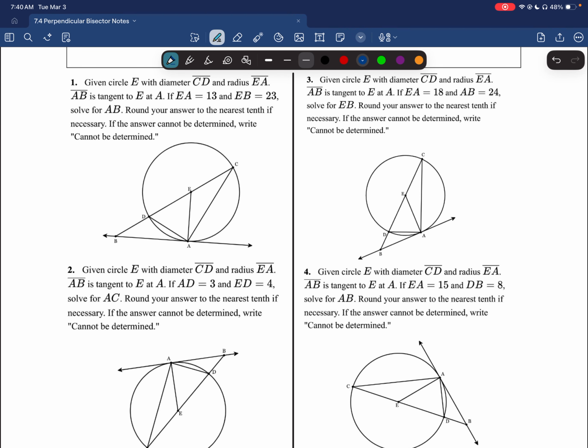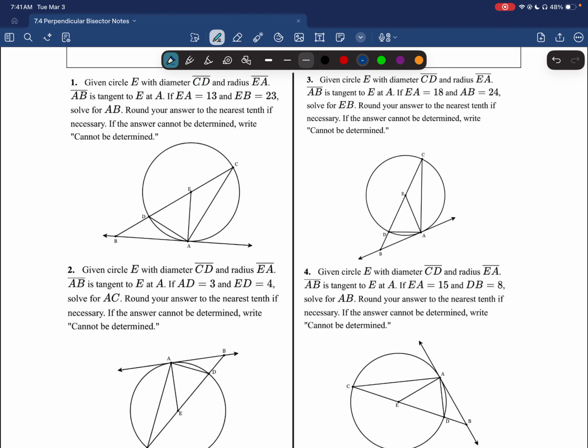Might use what we learned today, that if we have a radius or diameter that meets a chord at 90 degrees, then the two sides of that chord are equal. It is a bisector of that, okay? It's also going to use the Pythagorean theorem, because if we have all these right triangles, we can find missing side lengths using the Pythagorean theorem. So let's check it out, okay?